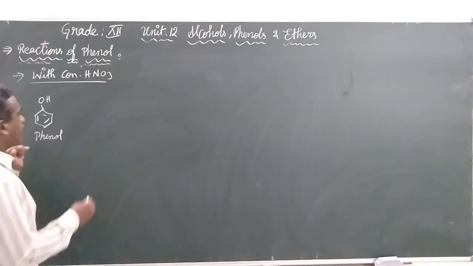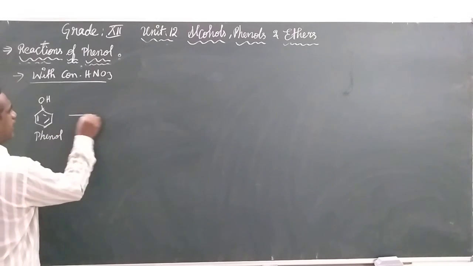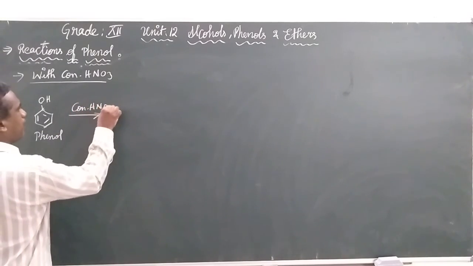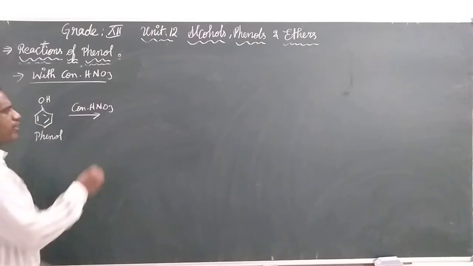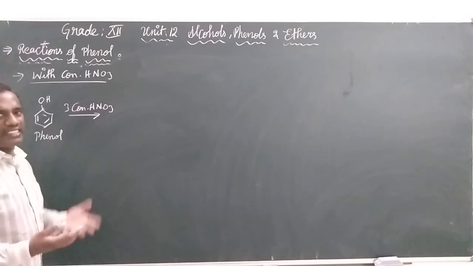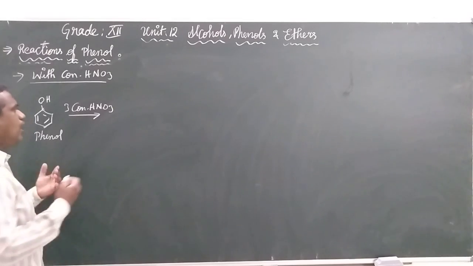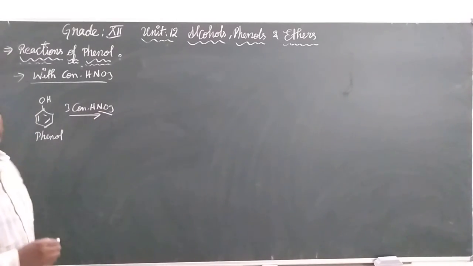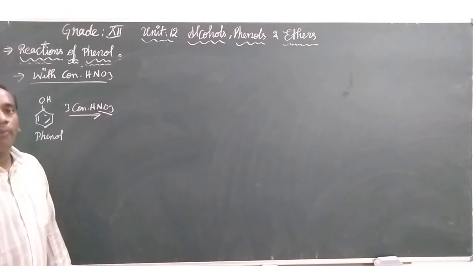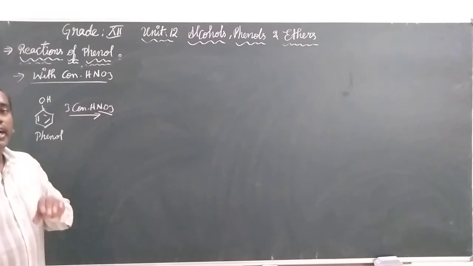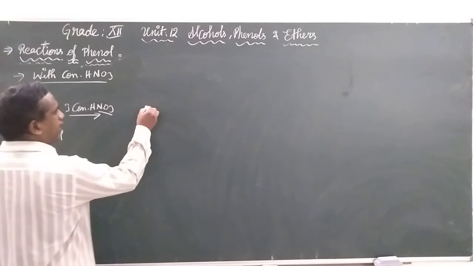But once we react the phenol with concentrated nitric acid, in this equation there will be more concentrated nitric acid. For balancing purposes, 3 nitronium ions are generated.